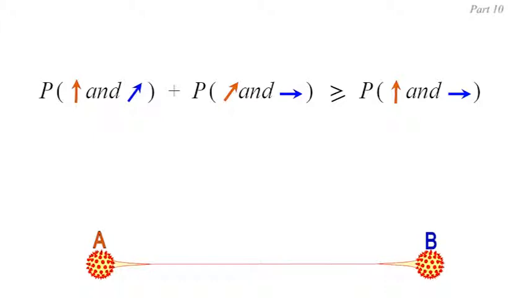This inequality essentially says that for an entangled pair of electrons A and B, the probability of finding A up in the Z direction and B at 45 degrees in the Z direction, plus the probability of finding A at 45 degrees to the Z direction and B in the positive X direction, must be greater than or equal to the probability of finding A up in the Z direction and B in the positive X direction.